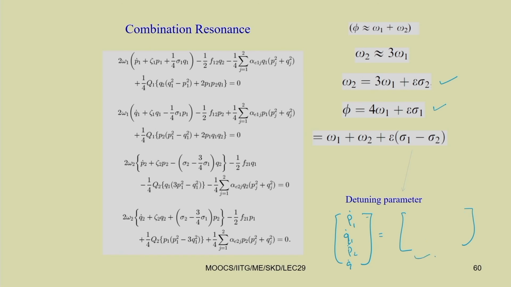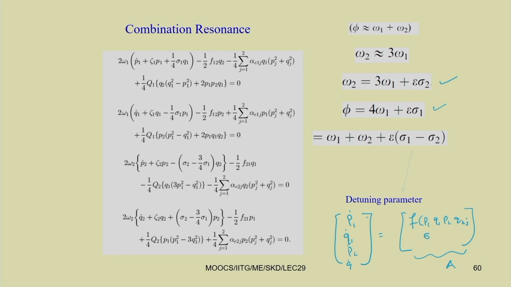By perturbing this equation, let this equation be A. It is a function of P1, Q1, P2, Q2 and system parameters like sigma and other system parameters alpha 1, alpha 2 or beta 1.